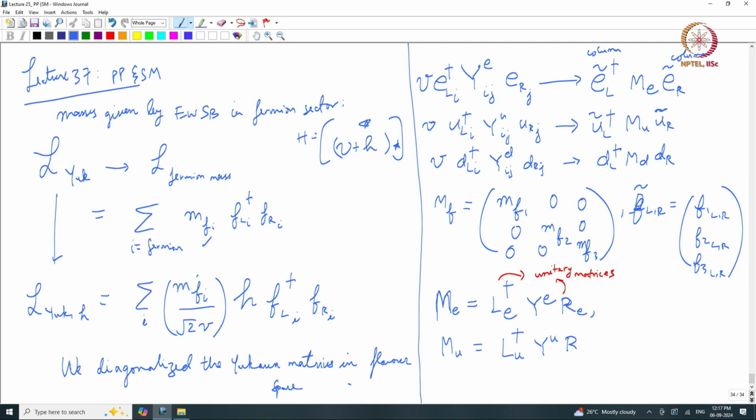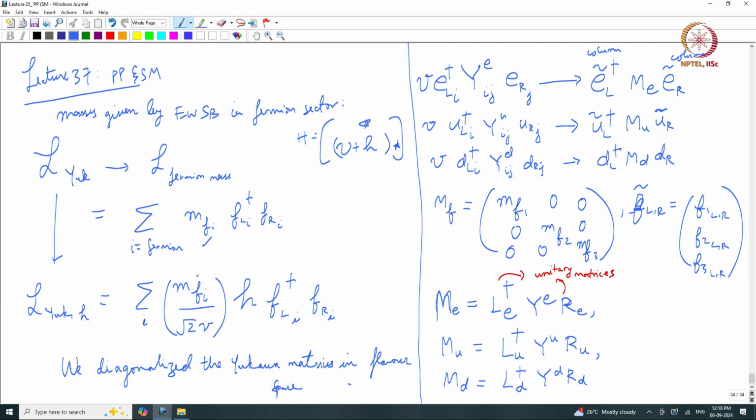Basically this column, the u_L tilde column, I should have rotated it with some L_U dagger, and similarly the u_R column matrix I rotate with some R, basically that is where the notation comes from, L and R. Okay. And similarly for the D. Okay.